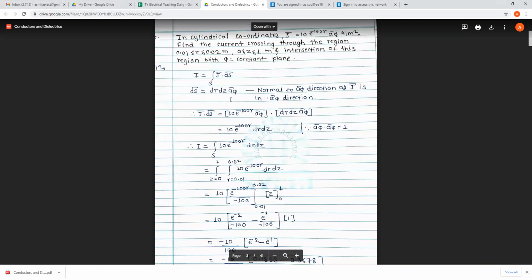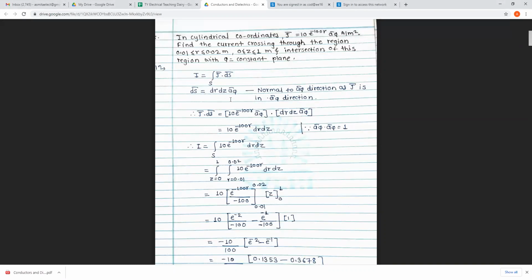Here one example is given. In cylindrical coordinates, J bar is equal to 10 e raised to minus 100 r a bar phi ampere per meter square. Find the current crossing through the region 0.01 is less than or equal to r, less than or equal to 0.02 meter, and z varying from 0 to 1 meter, at the intersection of this region with the phi equal to constant plane.